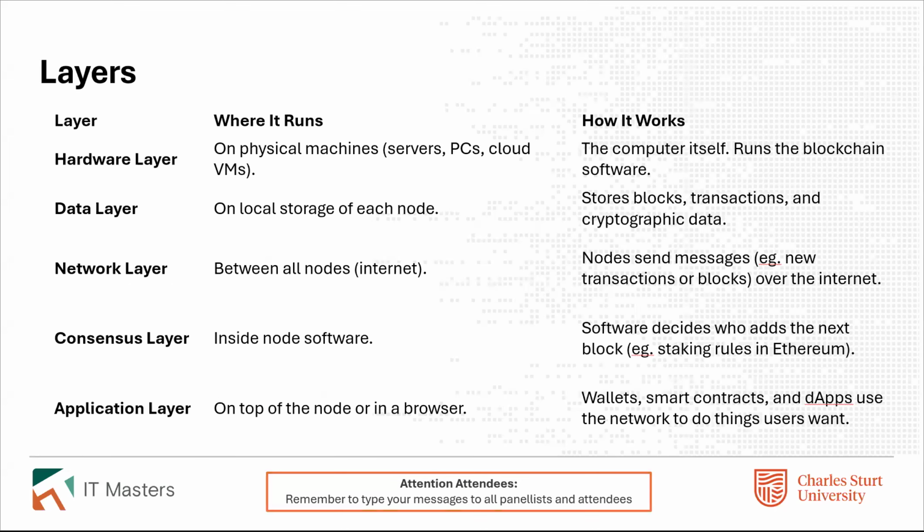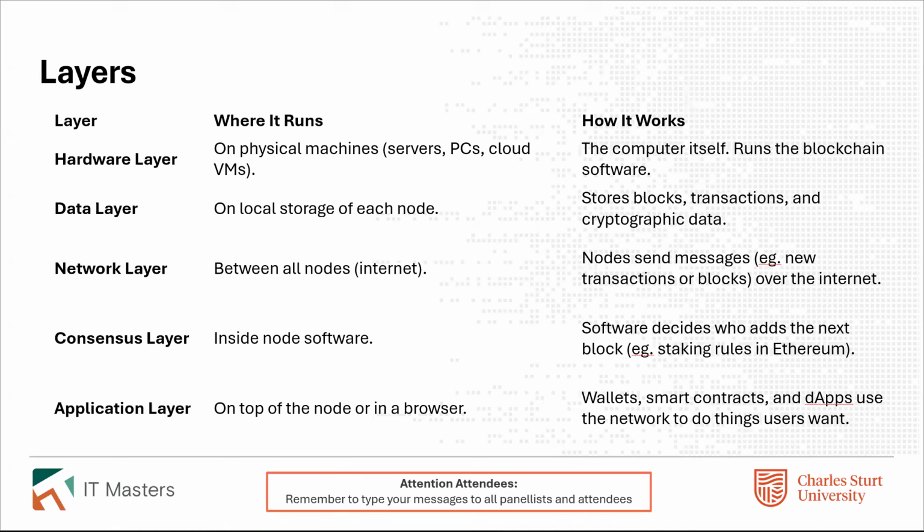Now, what I've done is I've done some examples here. So what happens on these different layers? Well, the hardware layer is literally the physical machine itself, the computer itself that is running this node, or perhaps it's a cloud instance, but it's the actual base hardware that's running it.